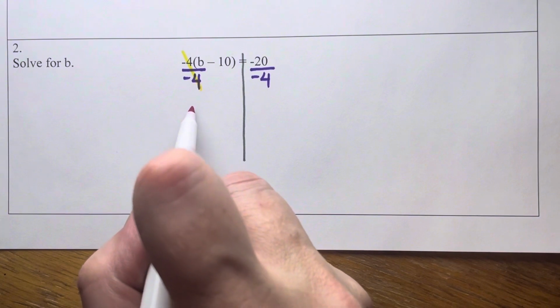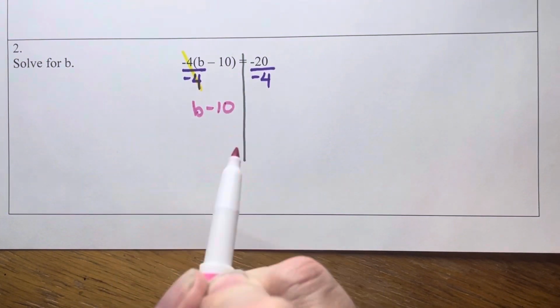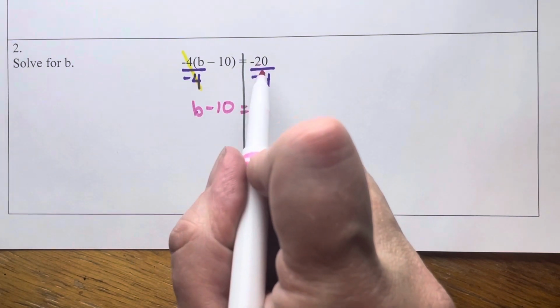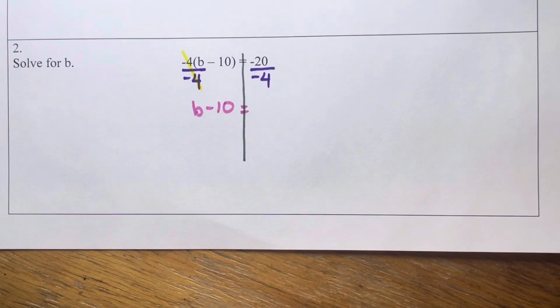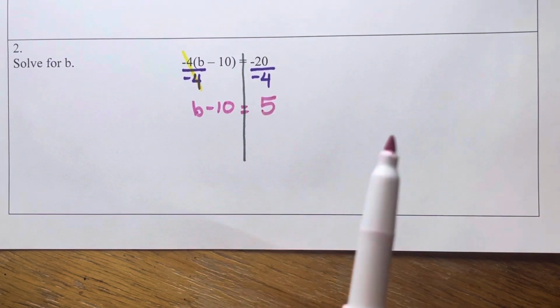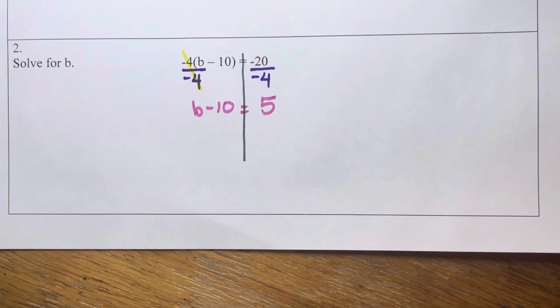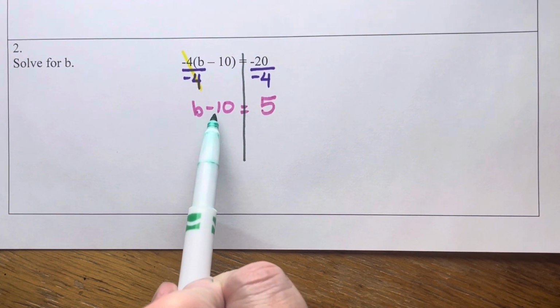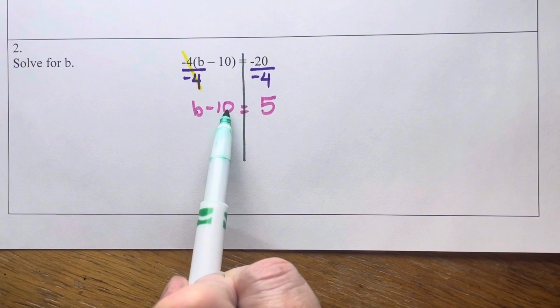This leaves us with b minus 10 on the left side of the river, and negative 20 divided by negative 4 on the right side of the river gives us a positive 5. Okay, now we can finish solving for b by getting rid of the 10. So b minus 10.